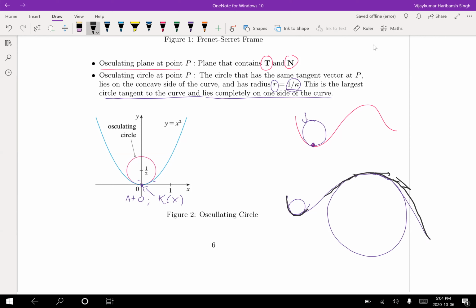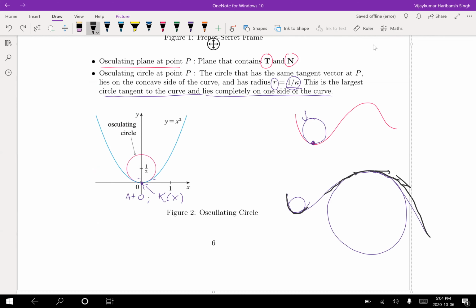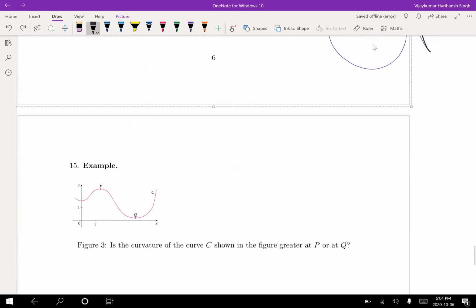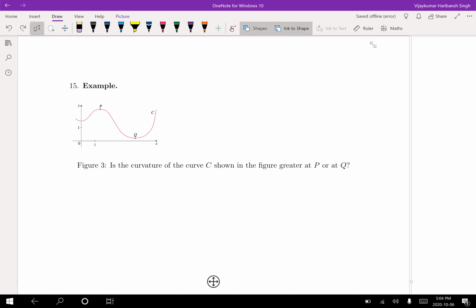Okay. So in this example, which point, P or Q, has a bigger curvature? If you look here, this is the size of the circle which will fit at P, but the size of the circle which fits here at Q is bigger than the circle there.